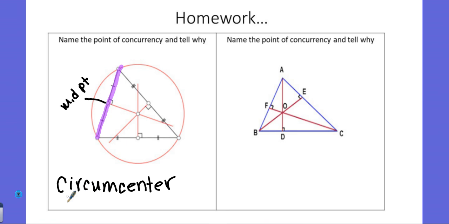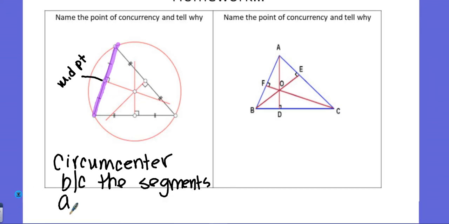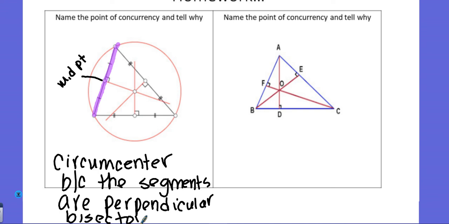So the circumcenter, because the segments are perpendicular bisectors. They're perpendicular bisectors.